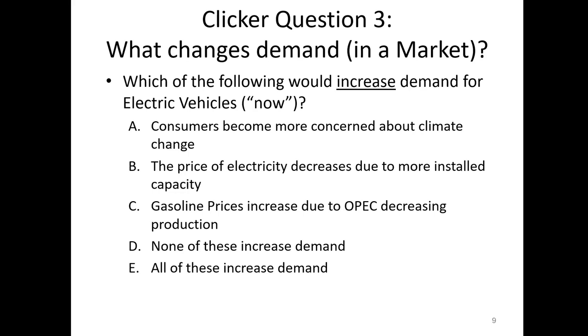That would also increase demand, shifting the demand curve for electric vehicles to the right. If the price of gasoline goes up, well, then one of the major alternatives to the electric vehicle that consumers might be thinking of buying is a gas-powered one. And if the gas-powered one becomes much more expensive, then people are much more likely to buy the electric one. So all of these would increase demand, shifted to the right.